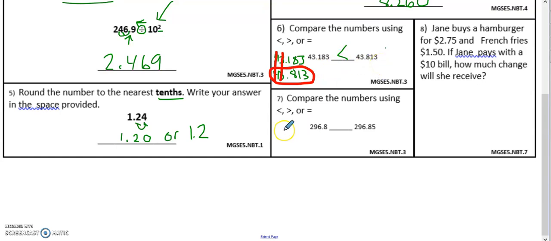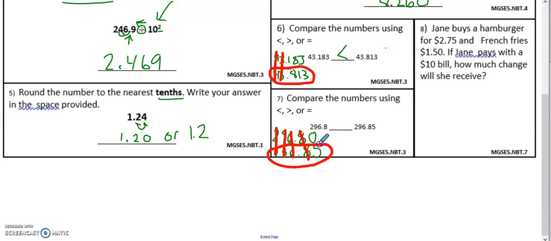We're going to do the same thing with number 7. This time we have 296 and 8 tenths, and we're going to compare that with 296 and 85 hundredths. Don't forget, if you see a blank space, throw that 0 in. And when we throw that 0 in, we can tell very quickly, can't compare the 2s, can't compare the 9s, can't compare the 6s, can't compare the 8s, but I can compare a 0 to a 5.